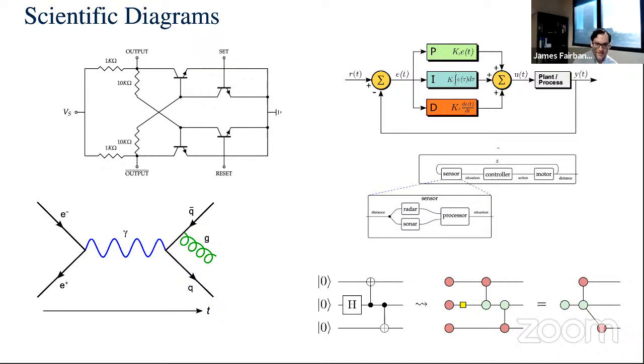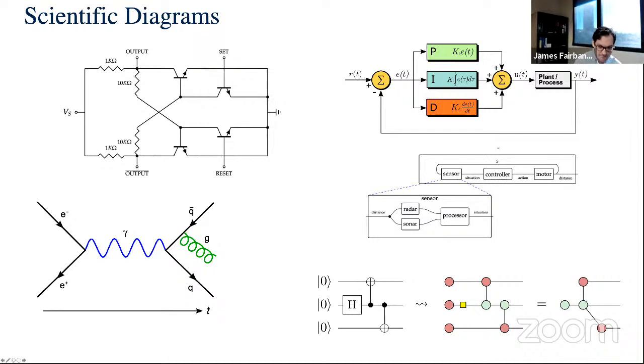So all of these different scientific diagrams are ways that naturally evolve when scientists are just trying to communicate with each other. They draw pictures of their models, and it's our job to figure out how to treat these diagrams as a graphical syntax that has mathematical semantics, right?